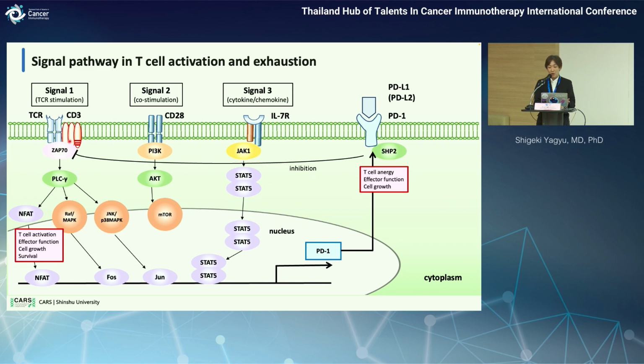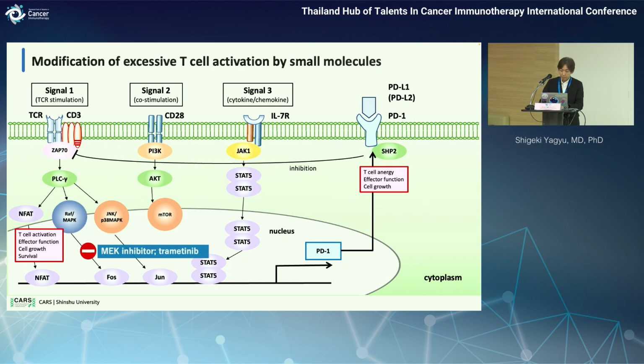This signal 1 is further enhanced by signal 2 co-stimulation and signal 3 cytokine and chemokine signals. Furthermore, excess activation of signal 1 also activates the immune checkpoint pathway, including PD-1, which leads to strong deactivation of T cell signaling and exhaustion.